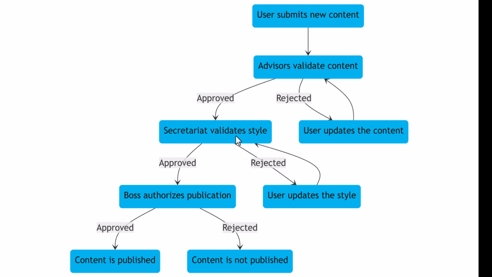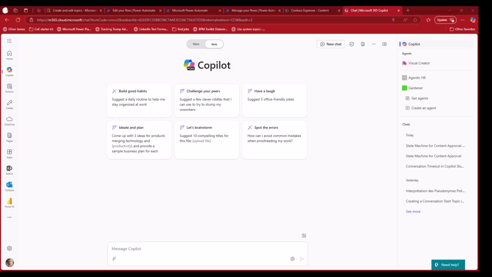Okay, once the state machine has been designed, you need to have or generate a text description of this diagram, and with this text description, you will feed an agent. To do this, you can import the state machine diagram into Copilot for Microsoft 365, Copilot Chat, and ask Copilot to generate a text description.